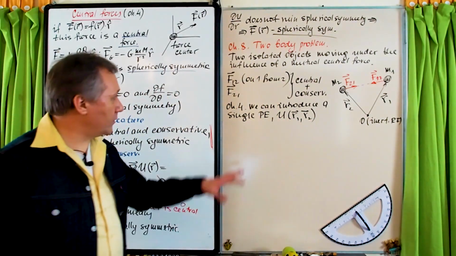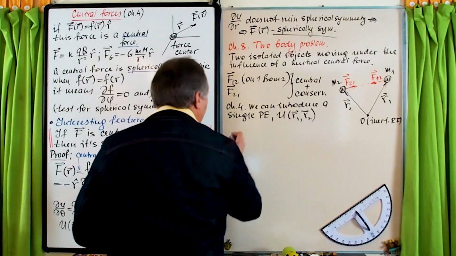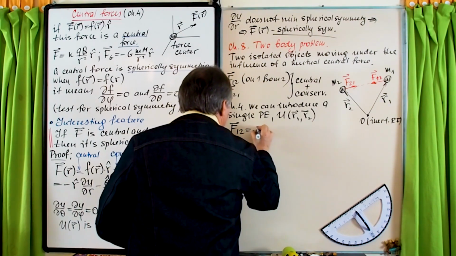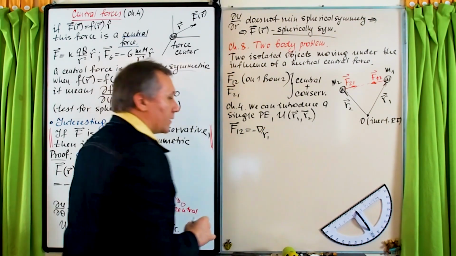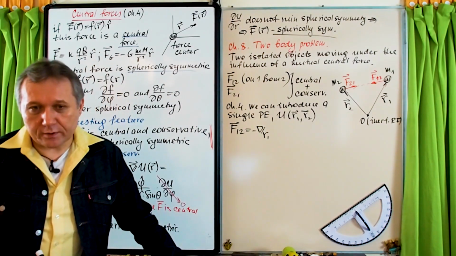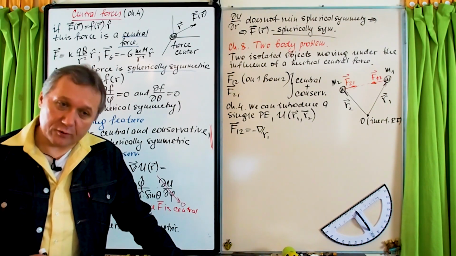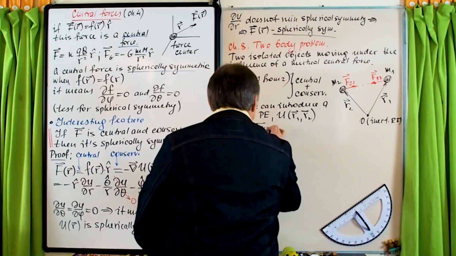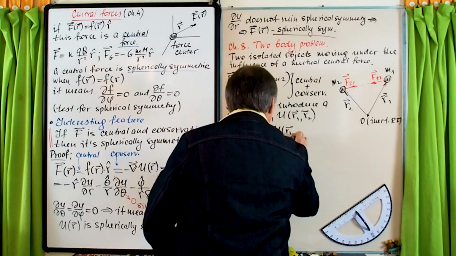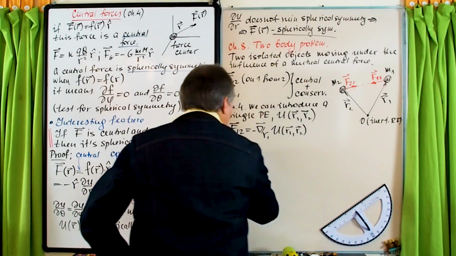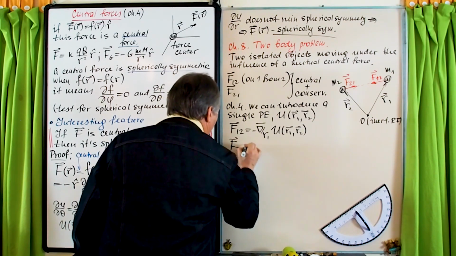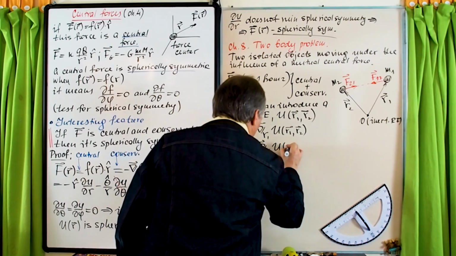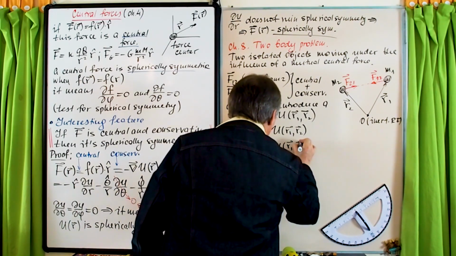These forces can be derived from this potential: F1,2 equals minus the gradient, taken with respect to the coordinates of particle 1, on which this force acts, of U. And similarly for F2,1: minus the gradient with respect to R2 of our single potential energy.